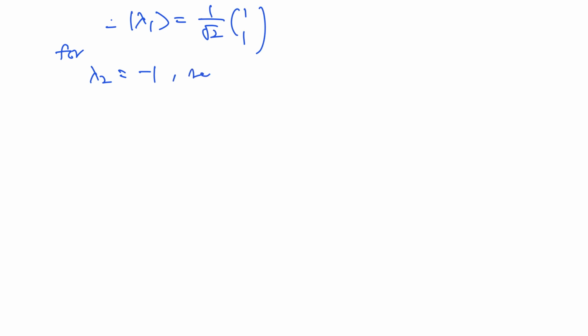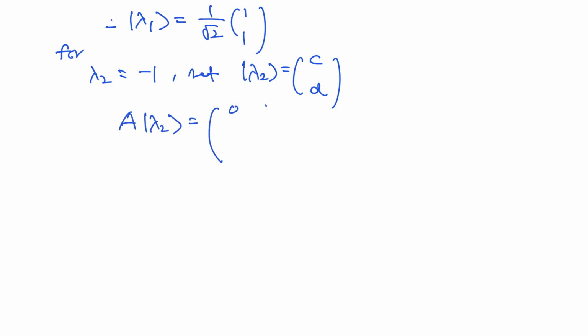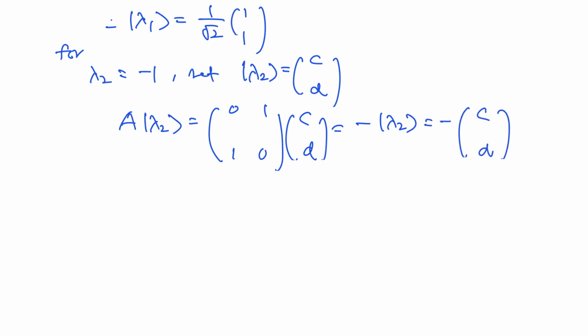Set x2 as (C, D). Then 0, 1, 1, 0 times (C, D) equals minus 1 times (C, D), which is (D, C) equal to (minus C, minus D).